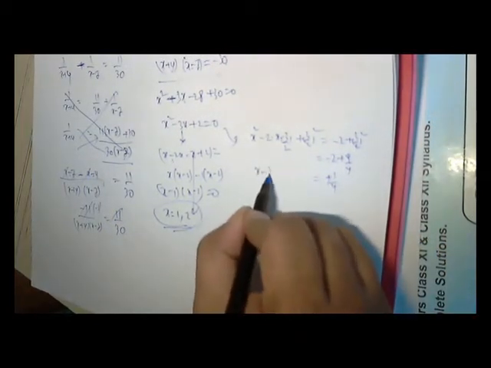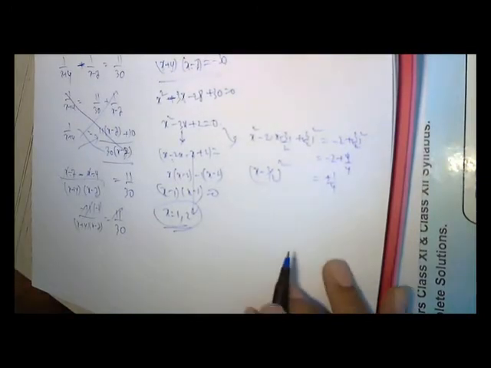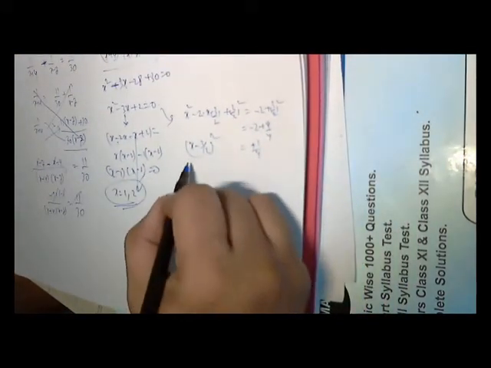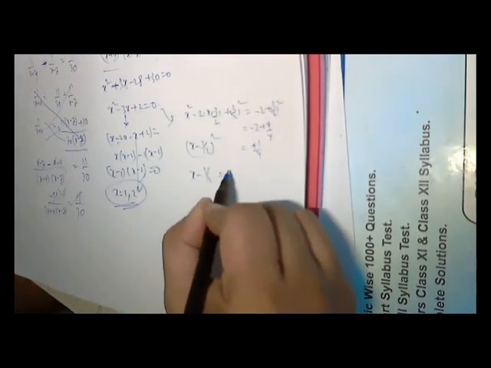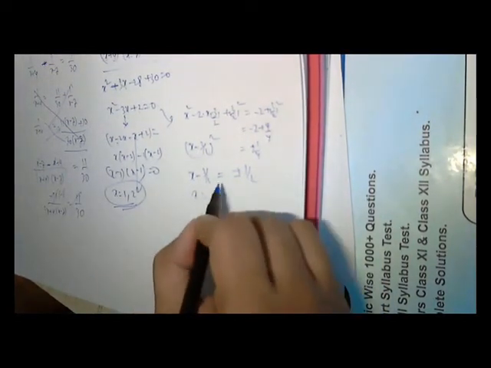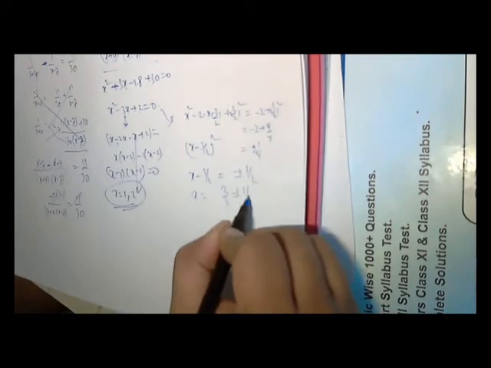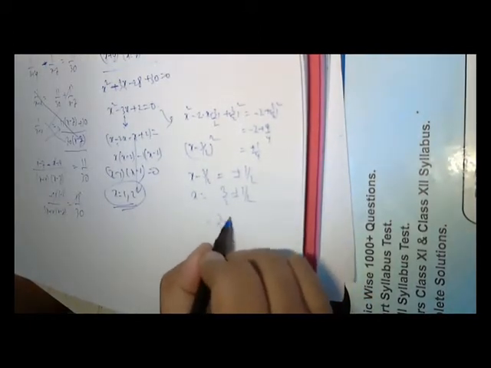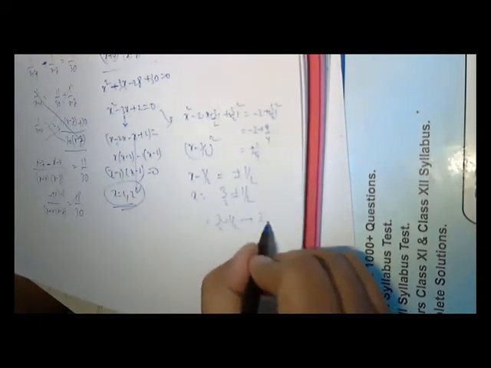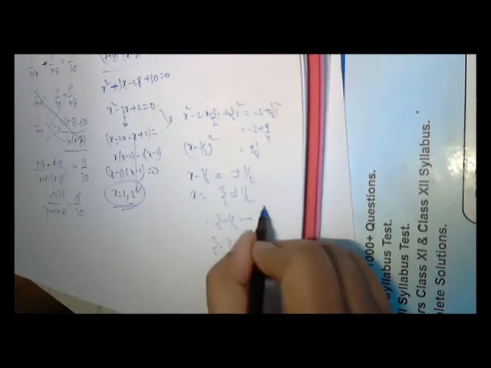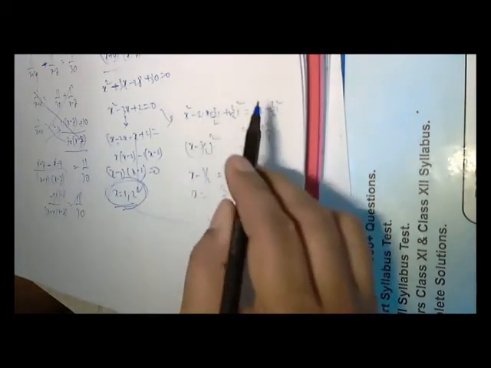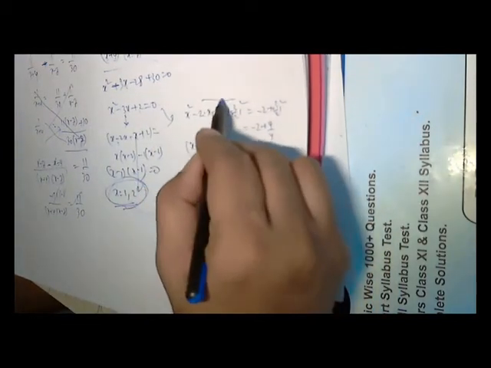So here it is (x minus 3 by 2) whole square. When I remove the root, x minus 3 by 2 is plus or minus 1 by 2. So x is equal to 3 by 2 plus or minus 1 by 2. 3 by 2 plus 1 by 2, that means 4 by 2 is 2. 3 by 2 minus 1 by 2, that is 2 by 2 is 1. So x is 1, x is 2. This is by squaring method.